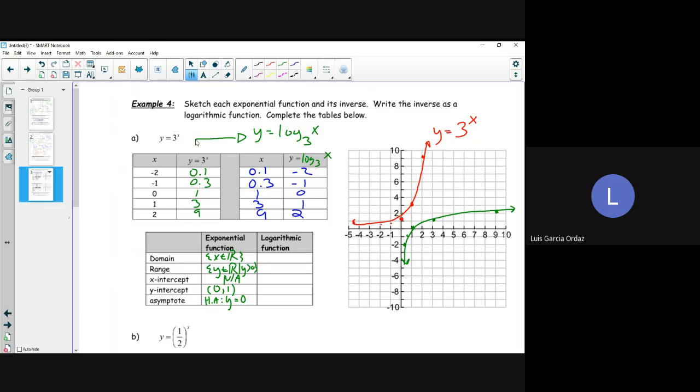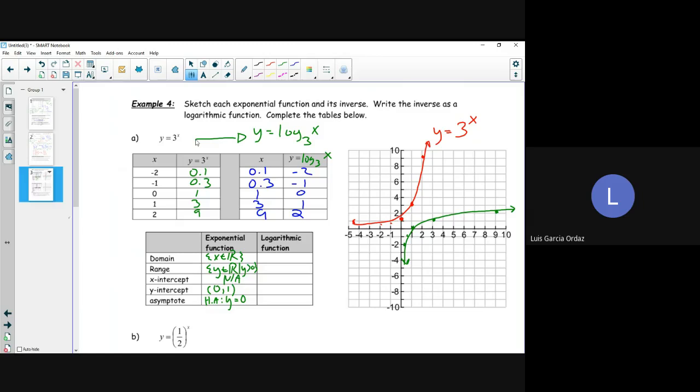All right, now we're going to take a look at the log function. So for our log function, what would our domain be? Remember, it's the inverse of the exponential function. Yep.